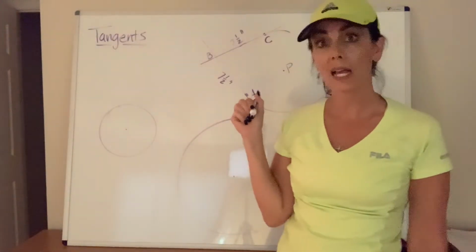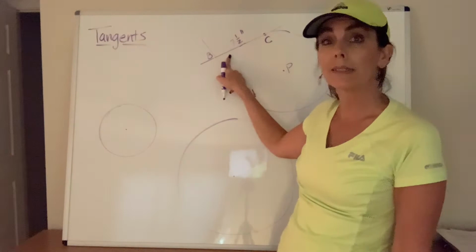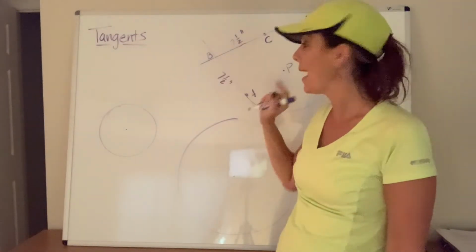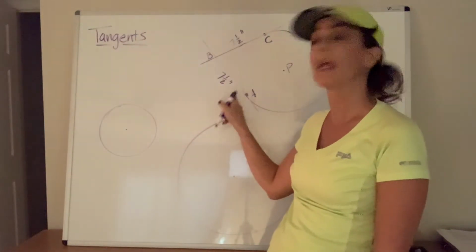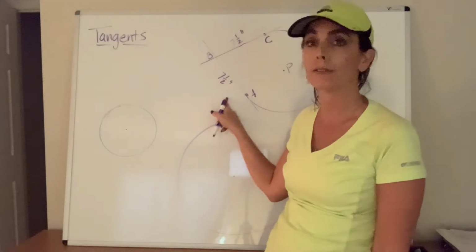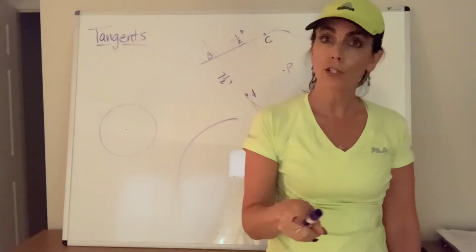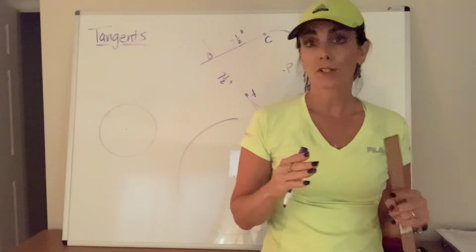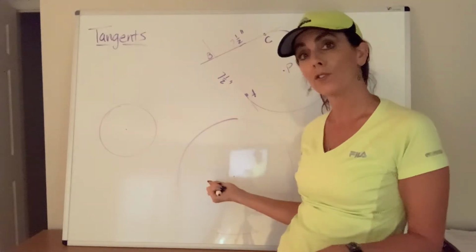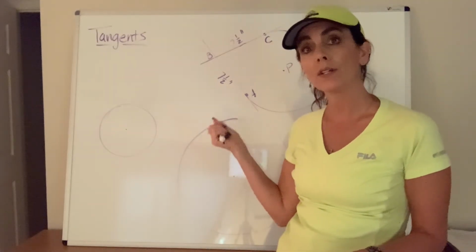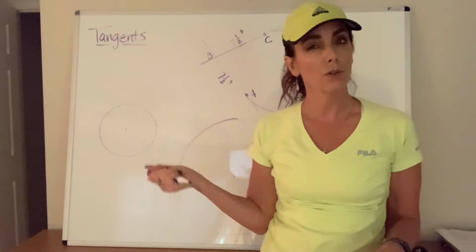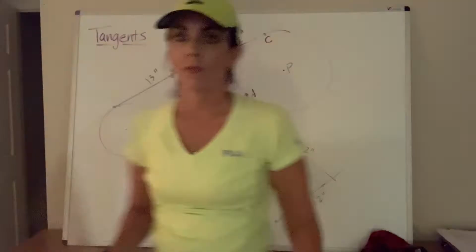It looks like segment BC is 7.5 inches, and it also looks like segment AB is 7.5 inches. So I'd like you to try that exercise with 2 other circles and see what your conclusion is.